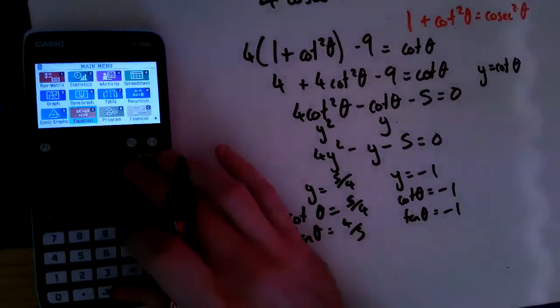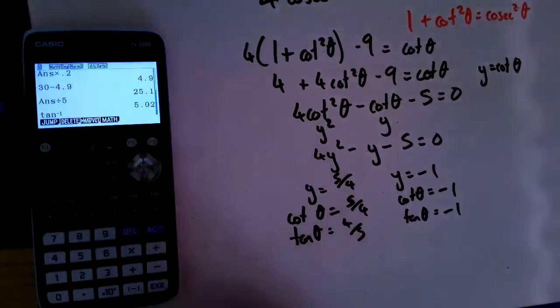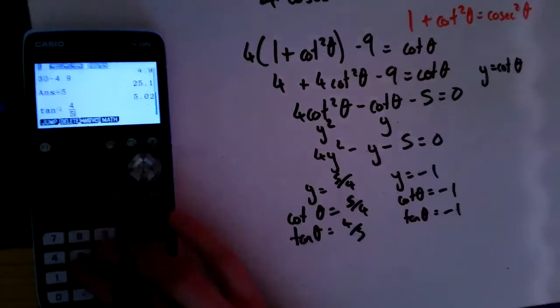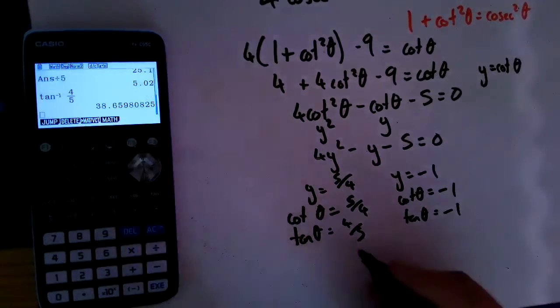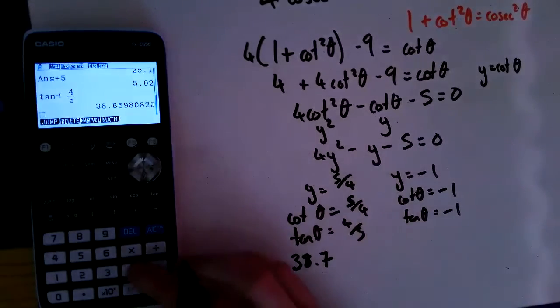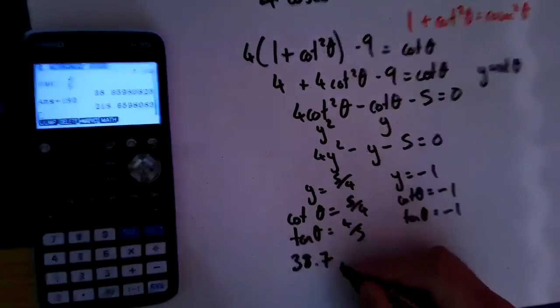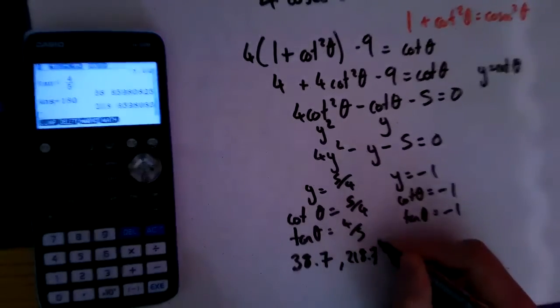And then solve them. I'm running out of space, so I'm just going to show you my calculator. So you do tan minus 1 of 4 over 5, so arctan 4 over 5, get the first angle, 38.7. Then you would add 180 to it, so 218.7.